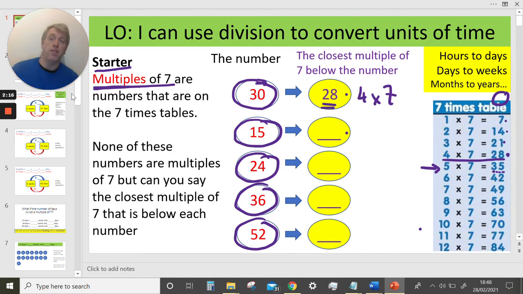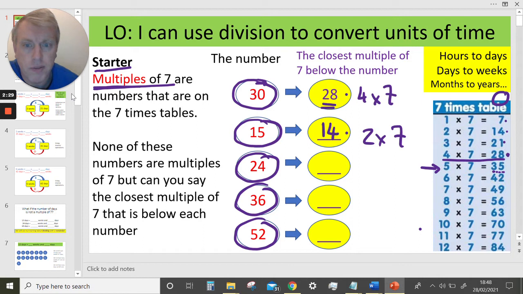I hope you did pause the video and I hope you did have a go. So what's the closest multiple of 7 which is less than 15? It's 14. It's 2 times 7. What's the closest multiple of 7 below 24? It's 21. 3 times 7. 36.